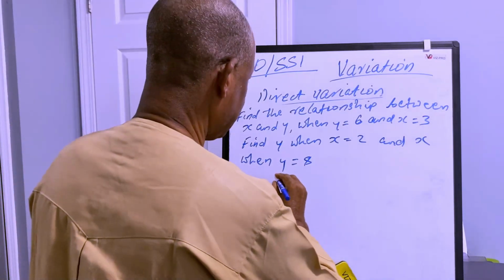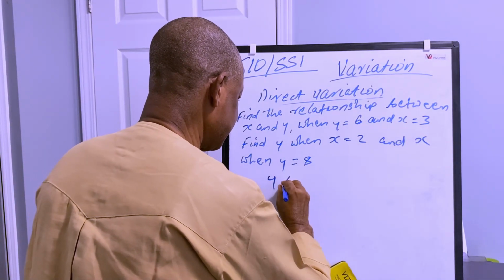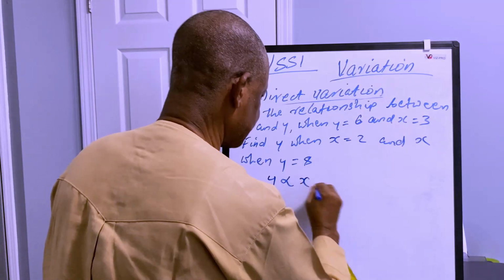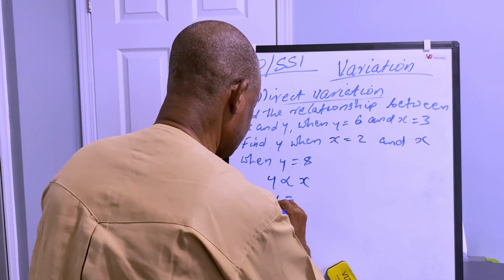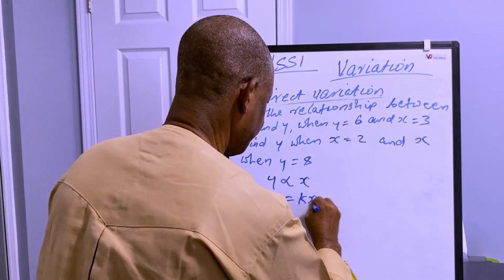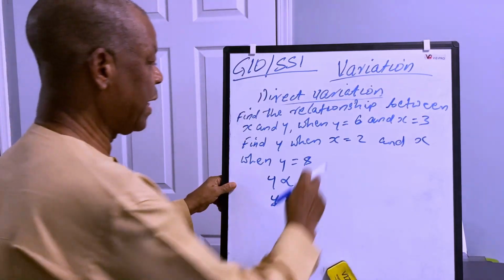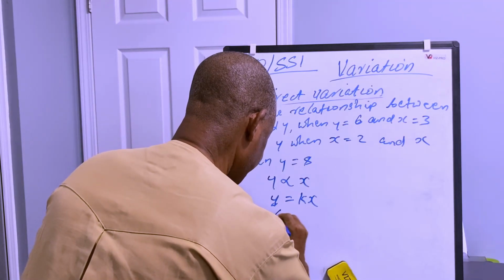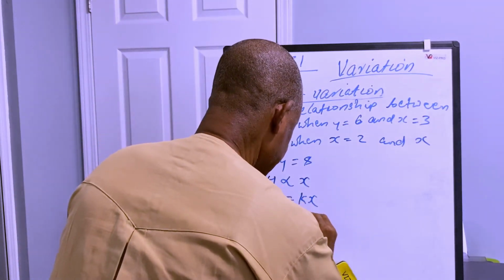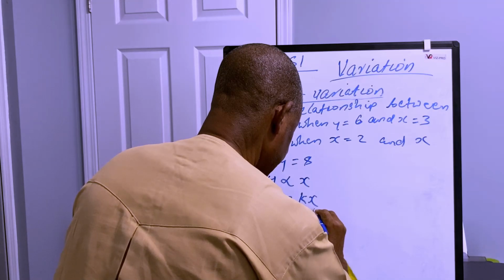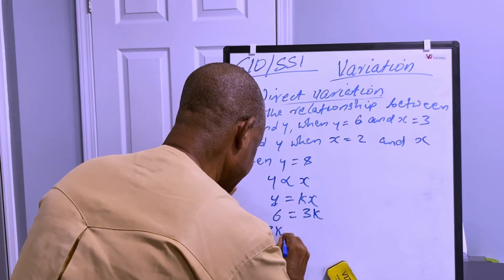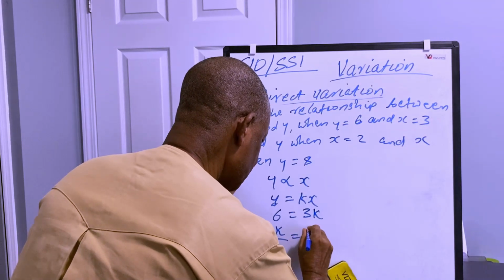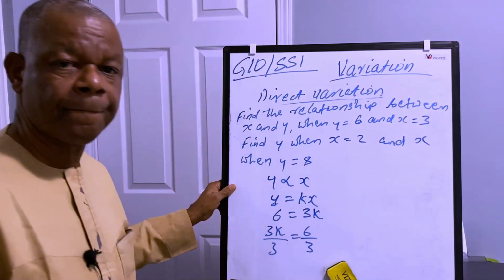In our solution, we say that y varies directly as x, where y is equal to kx, and y in this instance is 6, x is 3, so 3k. Therefore, 3k divided by 3 is equal to 6 divided by 3.